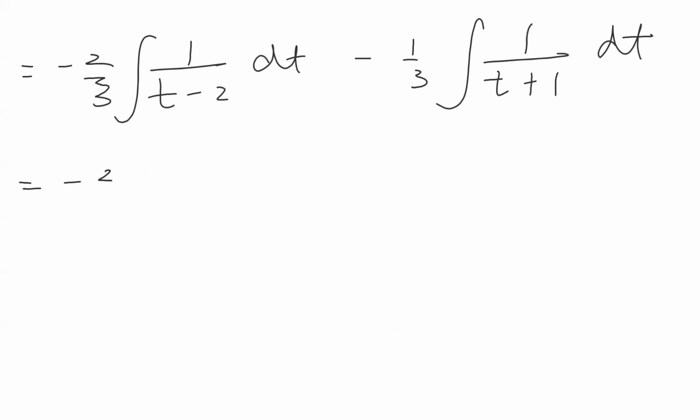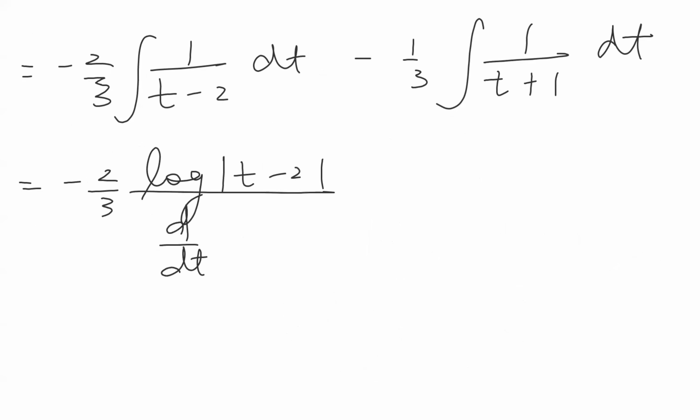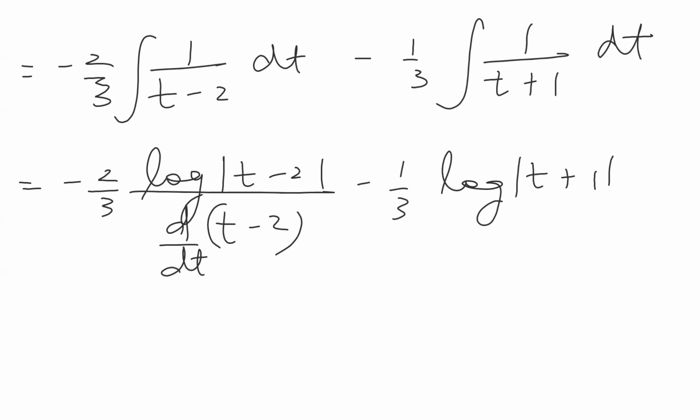So this is minus 2 by 3 log modulus t minus 2 upon d by dt of t minus 2. Chain rule. I've applied the 1 upon x formula. You can also apply the property of f dash t upon f of t. Log mod t plus 1 upon d by dt of t plus 1, plus c.